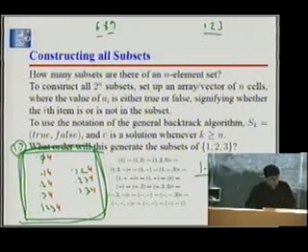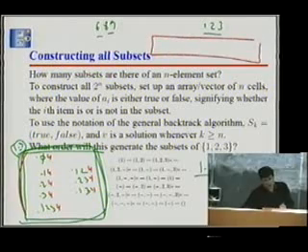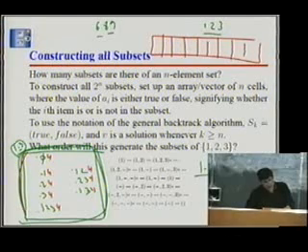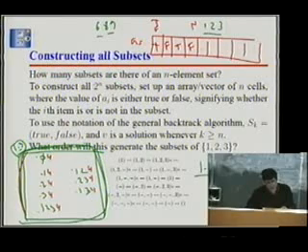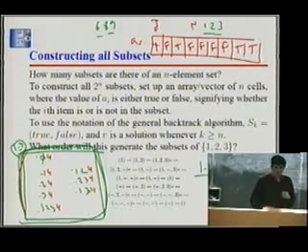What I'm going to claim is the reason why that works is we could represent a subset as an array of n elements, each one of which is true or false. Suppose I have the vector true, false, false, true, false, false, false, false, true, true. What subset could that be taken as being?